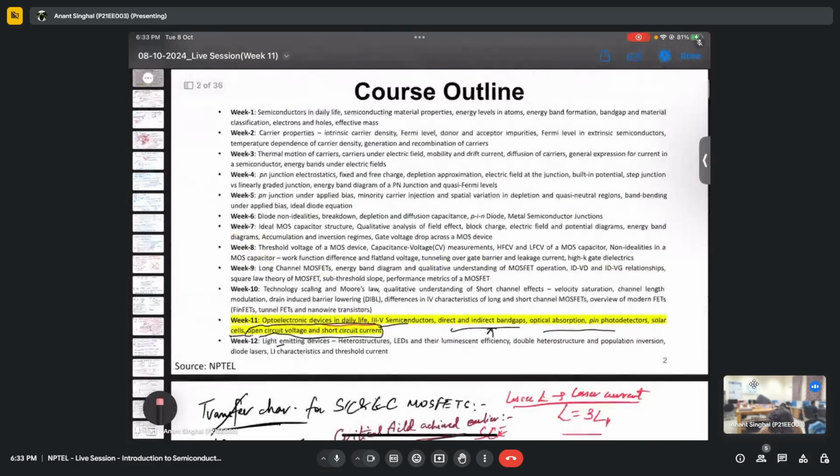Week 3 is thermal motion, electric field, mobility, diffusion, and 5 is PN junction under applied bias. Okay. Is there any particular topic you are expecting from these, or do all the topics have equal weightage from your perspective?